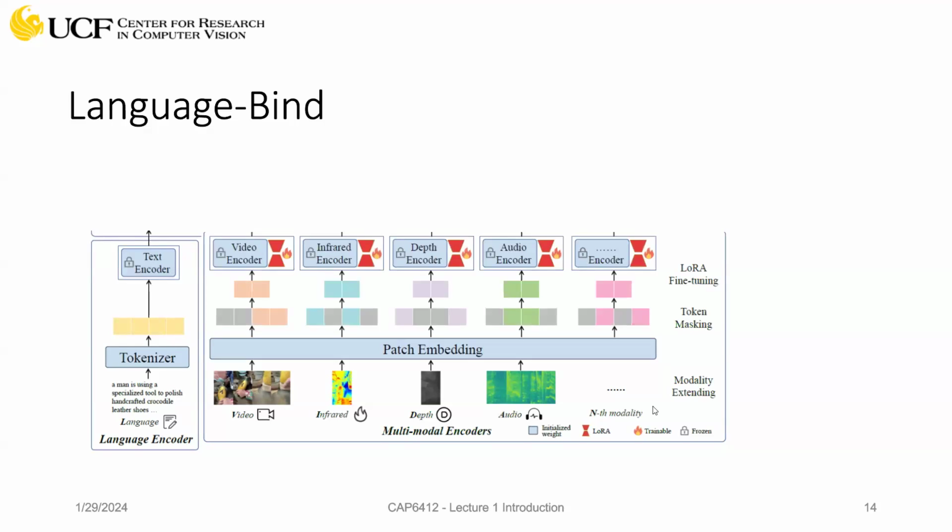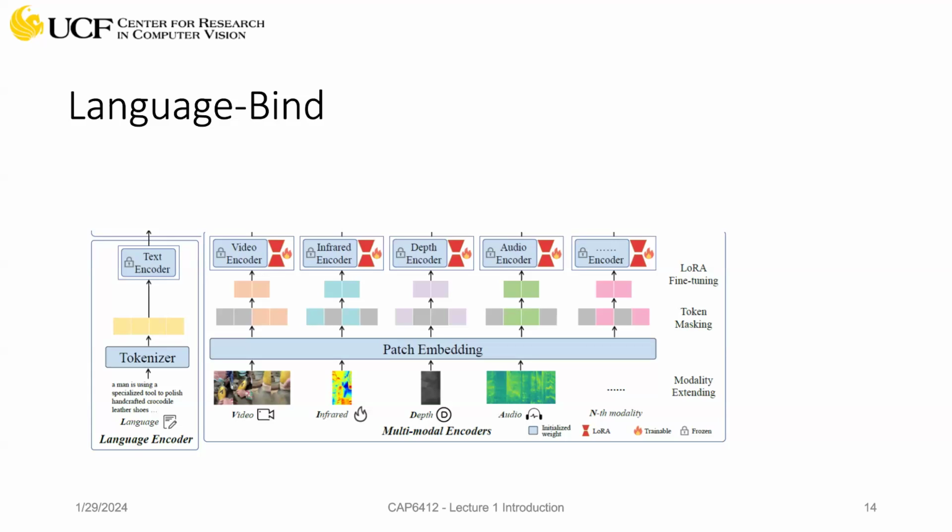And then we do some masking of tokens, which means we reduce the number of tokens because maybe we don't need all of them, and it works pretty well. And then we take the already trained encoders, the video encoder, infrared encoder, and so on, and we fine tune them.